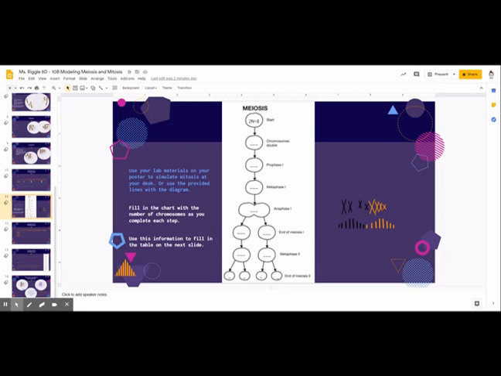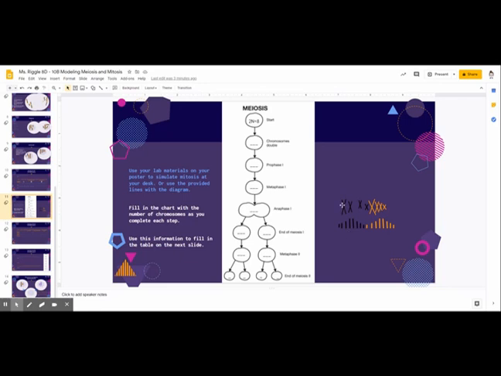All right, so all of the classes should be at this point now. You are going to use your lab materials on your poster to simulate mitosis at your desk. Or if you did not have access to the lab because you have not gotten 100% on the lab safety test and/or you have not turned in your contract, then you can only use this right here.